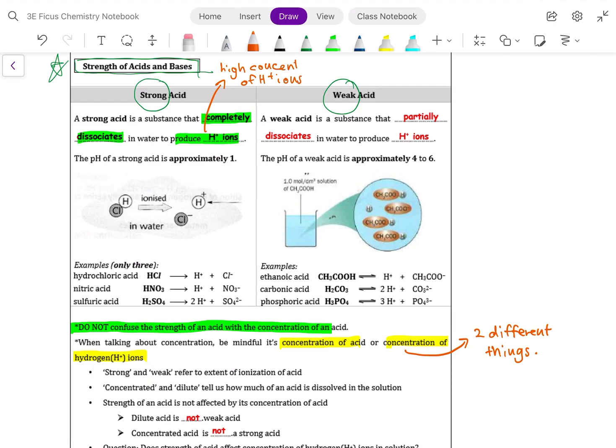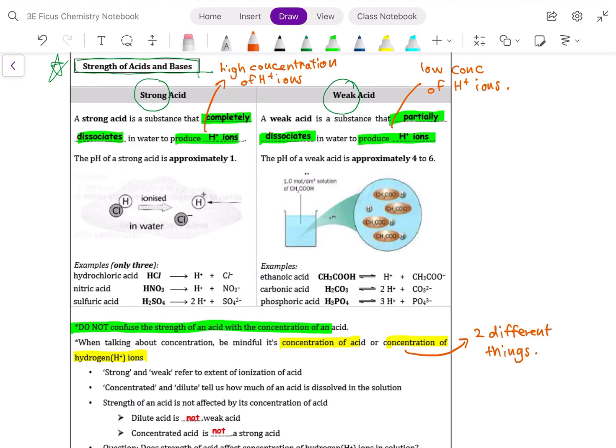I write a short form, CONC, to represent concentration, because I tend to be quick during lesson. Whereas a weak acid is one that only partially dissociates or ionizes in water to produce H plus ions. Usually it will give you a low concentration. I can write CONC, but you cannot. You must spell the whole thing. So, low concentration of H plus ions.